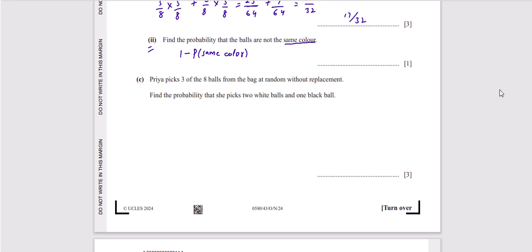So 1 minus the probability of same color is this one, 17 over 32. Calculate these values, we get 15 over 32. So final answer is 15 over 32.